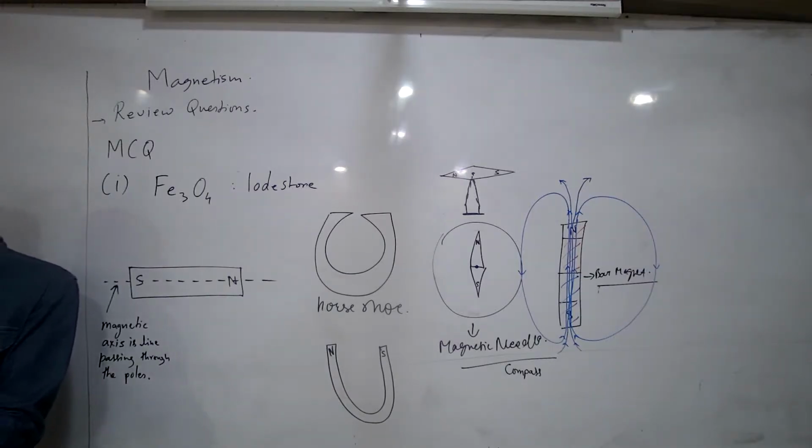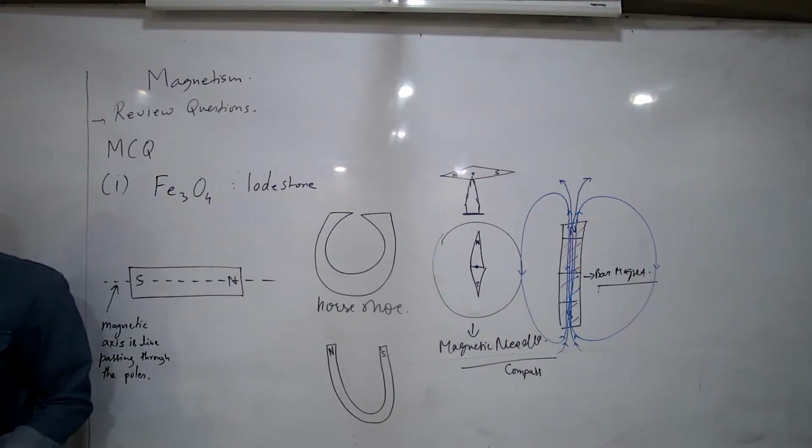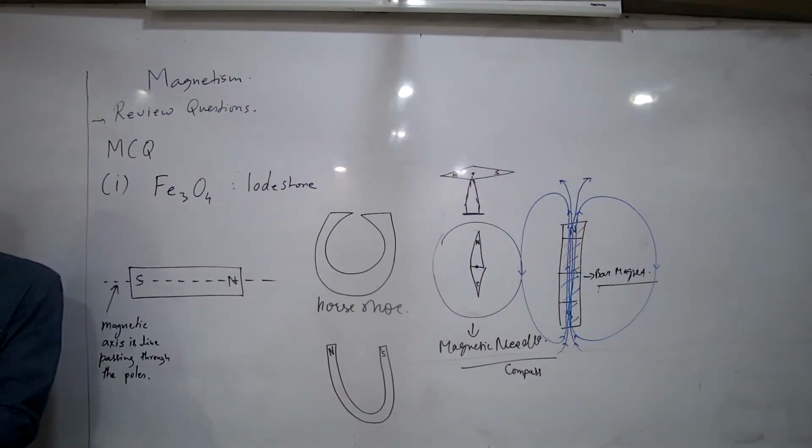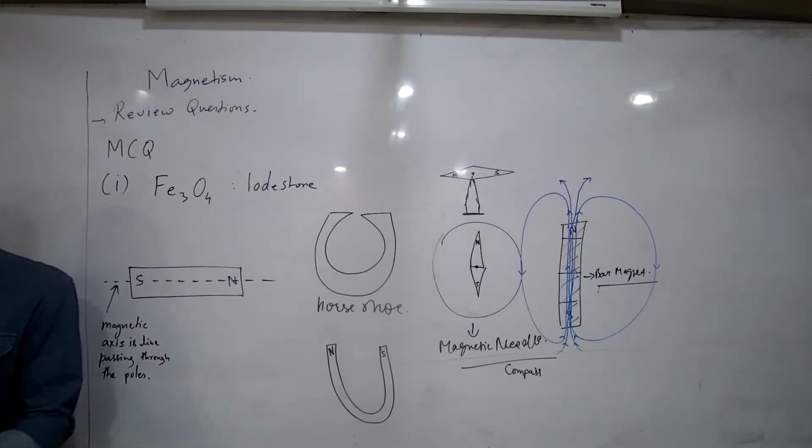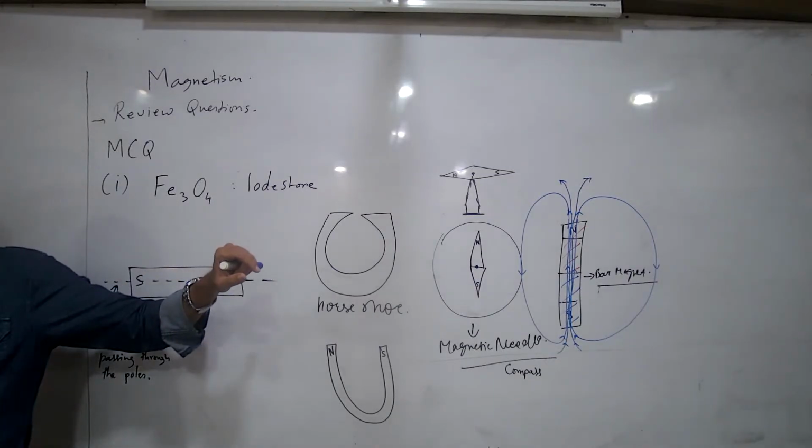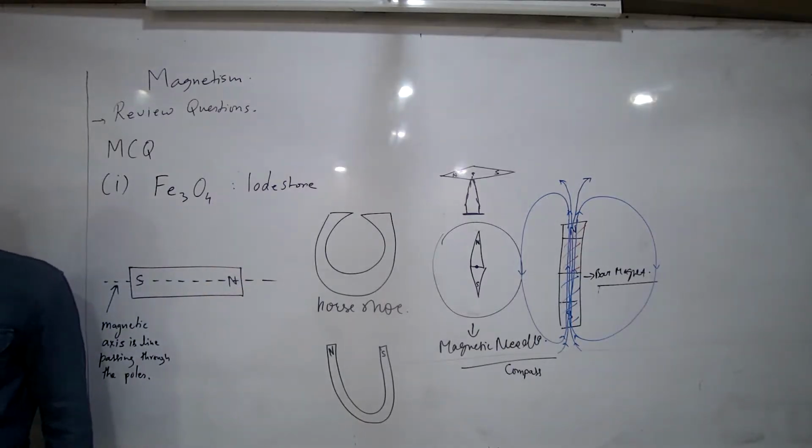The process by which this iron bar becomes a temporary magnet is called magnetic induction or induced magnetism. The moment you remove this magnet, it again becomes a normal iron rod. It loses its magnetic behavior.